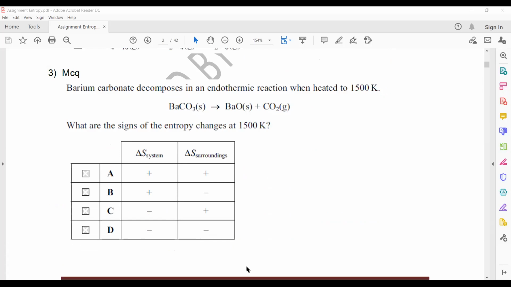Barium carbonate decomposes in an endothermic reaction and is heated to 1500. What are the signs for the entropy change at 1500?